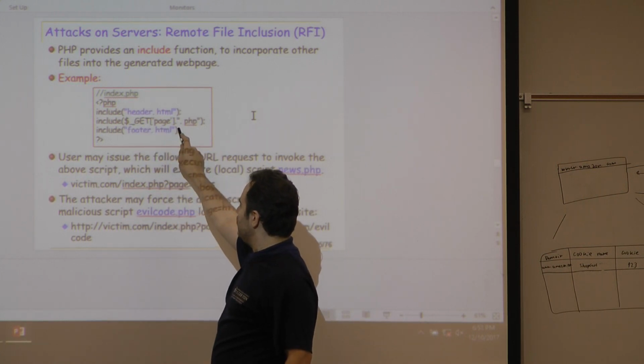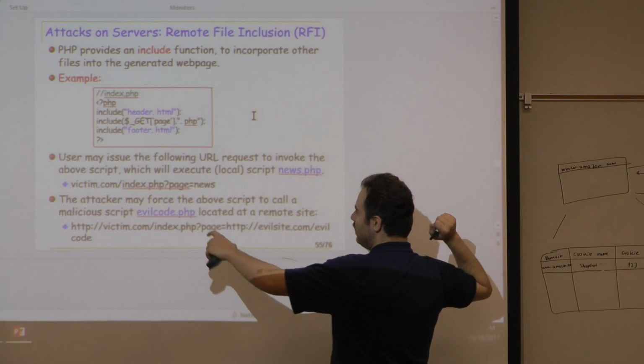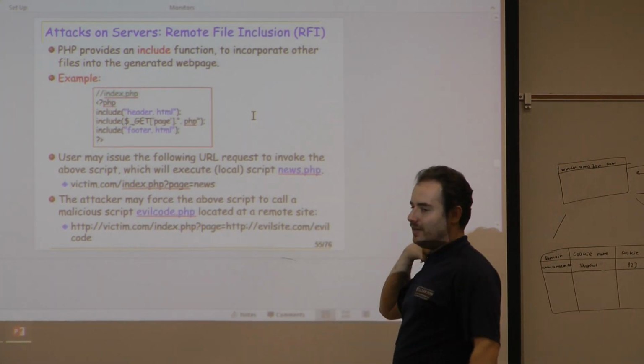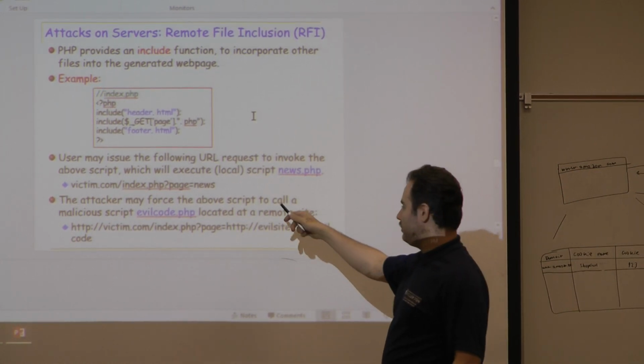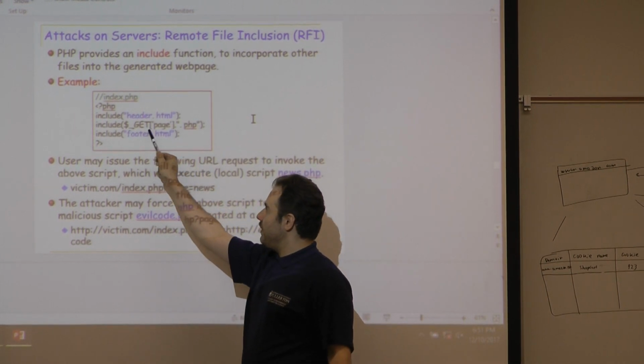Then it will check the GET array, and it'll pull out the value of the variable called page. Let's say the value of that variable is news, so the person wants to see the news section of the website. So this value will become news.